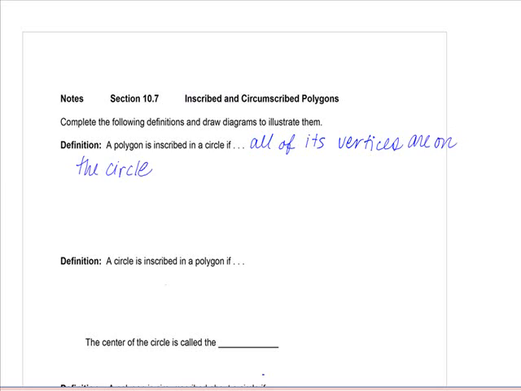So what you want to do is draw a circle. And I'm just going to inscribe a triangle. So if I say that triangle ABC is inscribed in circle O, all of its vertices are on the circle.